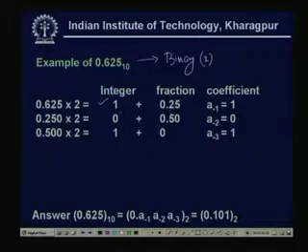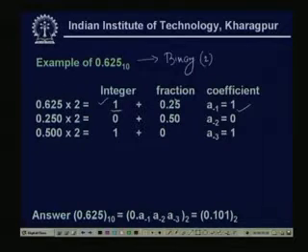So the coefficient is, now this is the highest, that is why a minus 1, the position value is minus 1 and the coefficient value is 1. This is the integer I got.